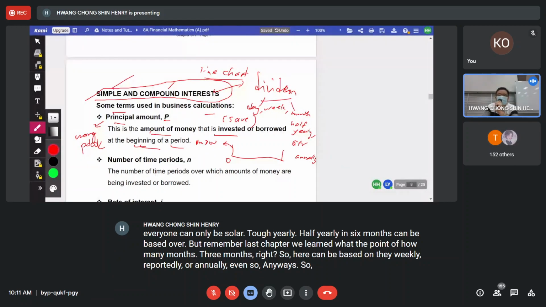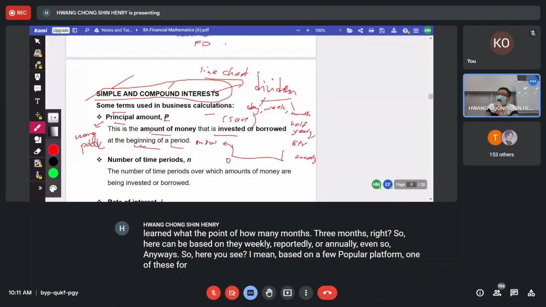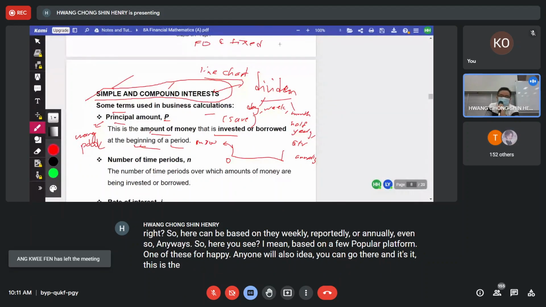So how many of you have saved money in the bank based on a few popular platforms? One of them is called FD. Have you heard about FD? Anyone don't know what FD is? You can go back and ask your parents. Fixed deposit. This is the most popular one.